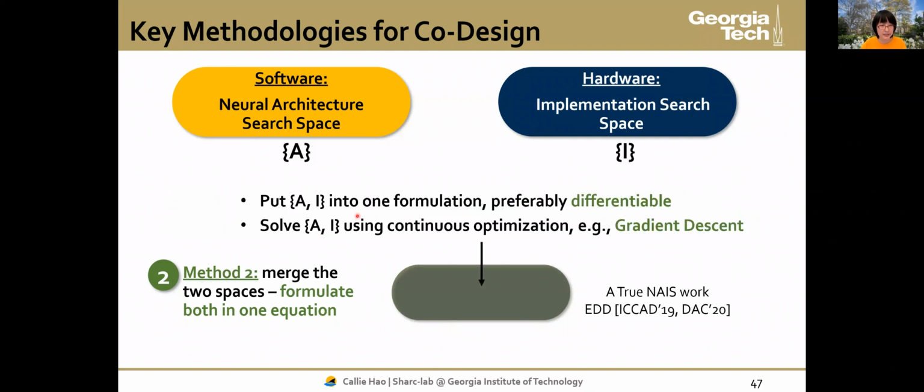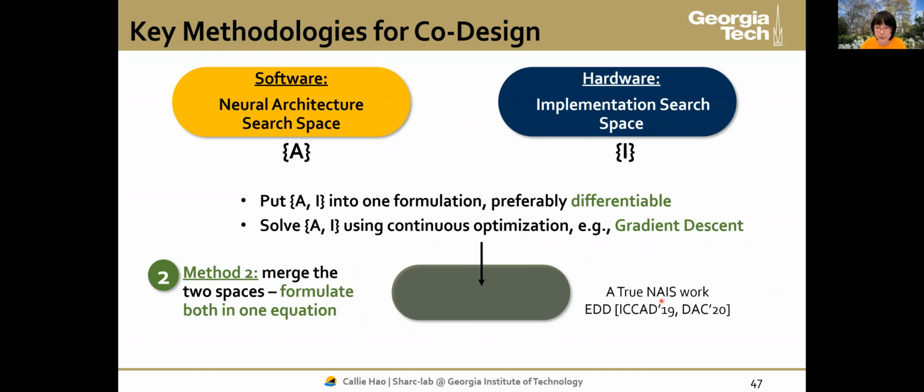The big picture is, now we have the software architecture search space, which we denote by A, and then we have the hardware search space, which we denote by I. And ideally, we want to put A and I into one formulation, preferably differentiable. And then by doing that, we want to solve A and I together using continuous optimization. It's very elegant. For example, we can use gradient descent to solve this merged design space.